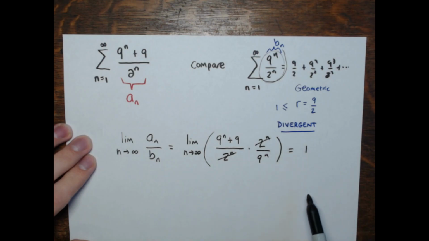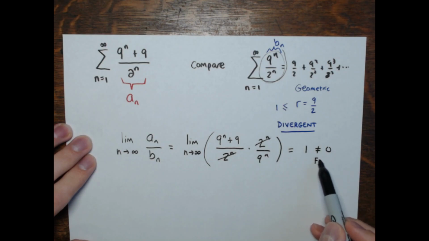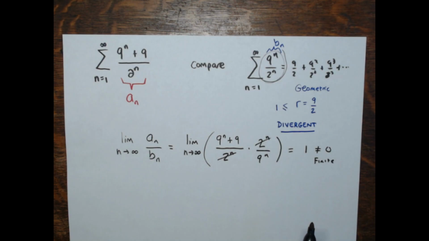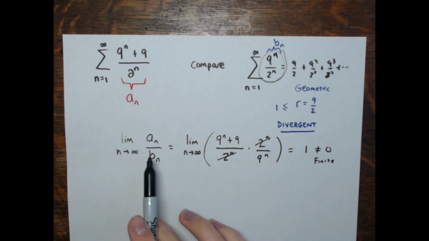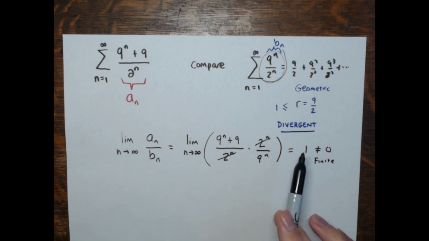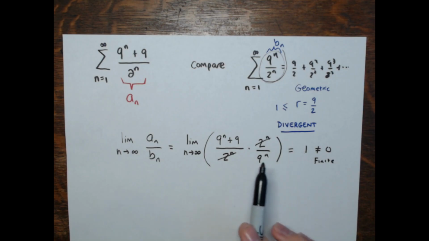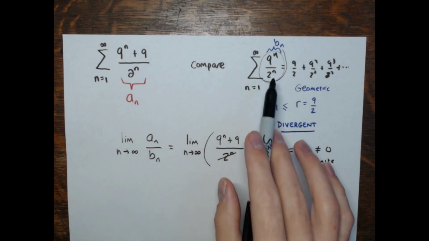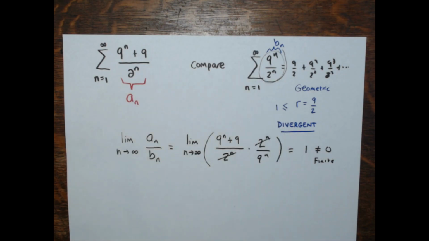So this limit's 1. And once again, that is not 0 and finite. It is not infinite and it's not 0. So remember, when this limit of this ratio was not infinite and wasn't 0, that was the first case where both series that we're looking at converge or both diverge.